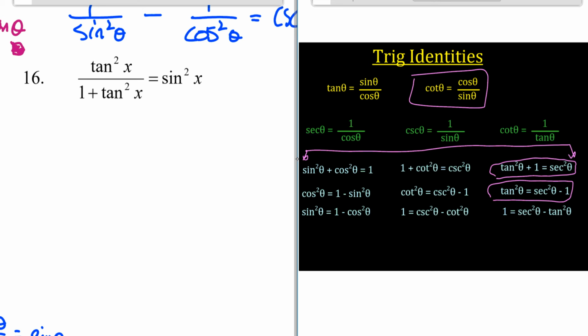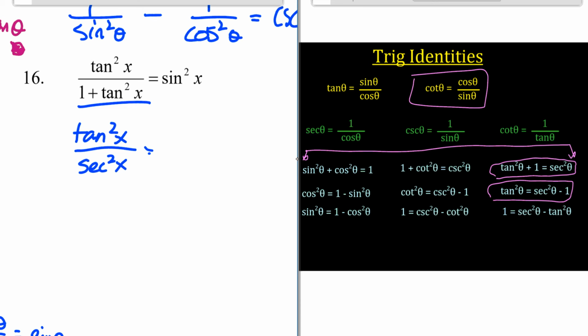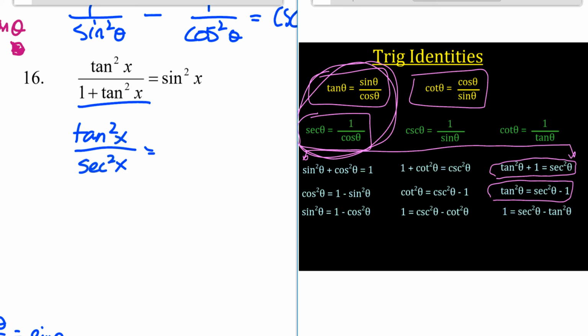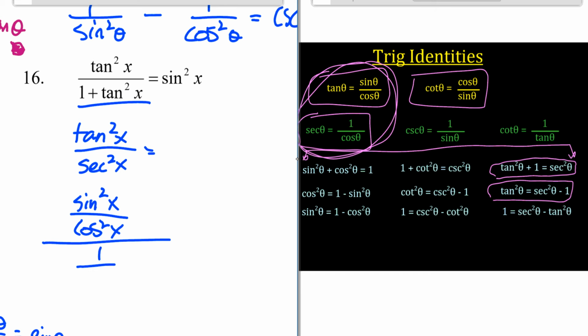Okay, so let's change the bottom here. We'll have tangent squared x on top, and this will be secant squared x. Then I'm going to use those 2 identities. Tangent squared x would be sine squared x over cosine squared x, and secant squared x is 1 over cosine squared x.